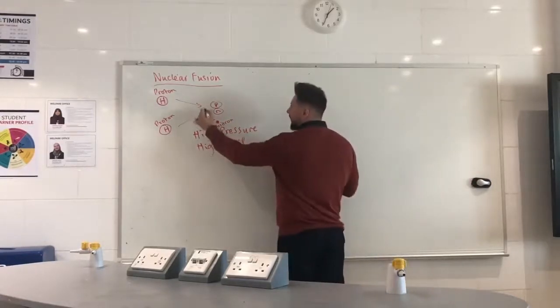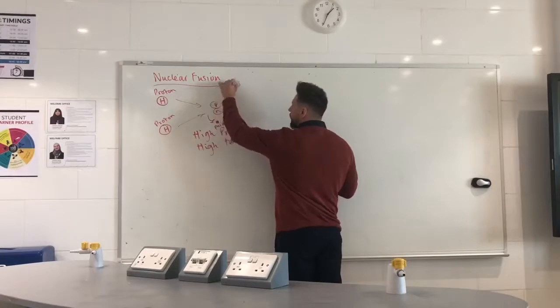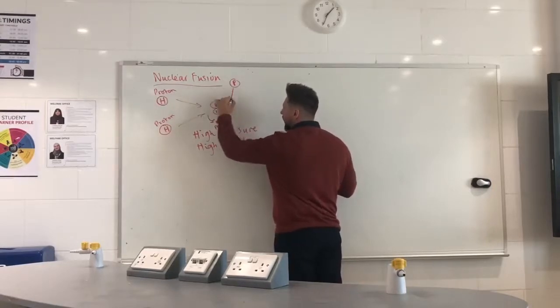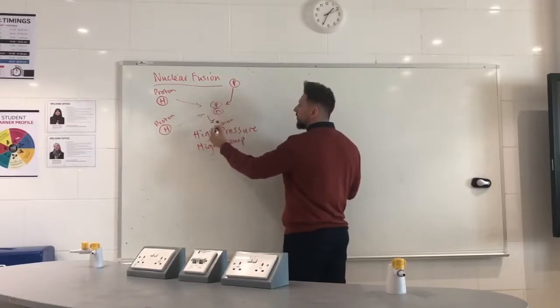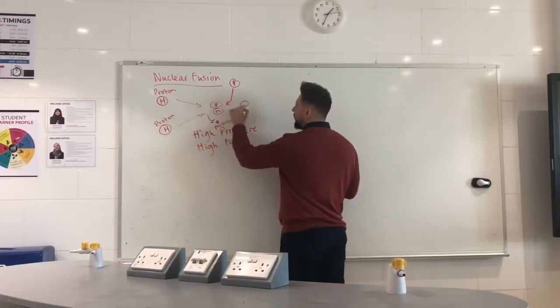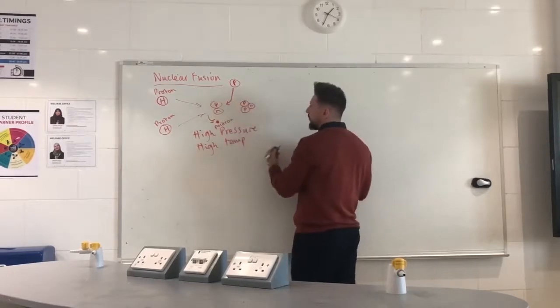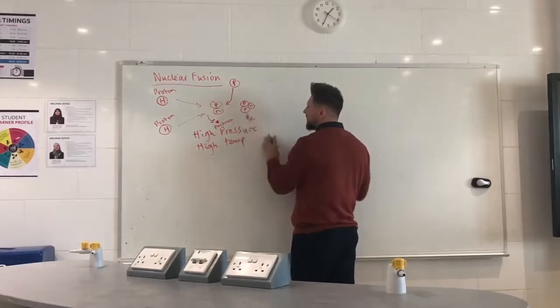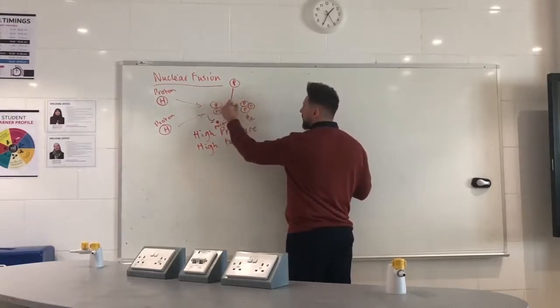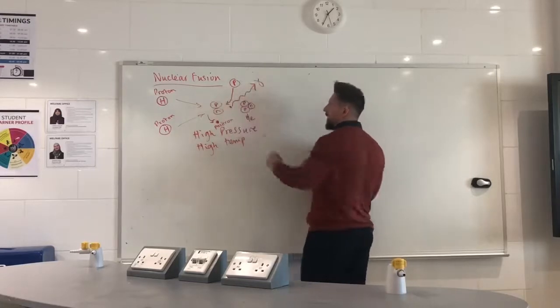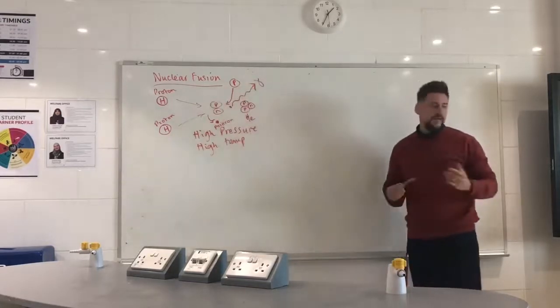And then what can happen is you take another, separate proton and put it together with the proton-neutron that's just been produced, and you end up with three particles: proton, proton, neutron. This is a helium isotope. And what is also produced here is gamma radiation, so energy.